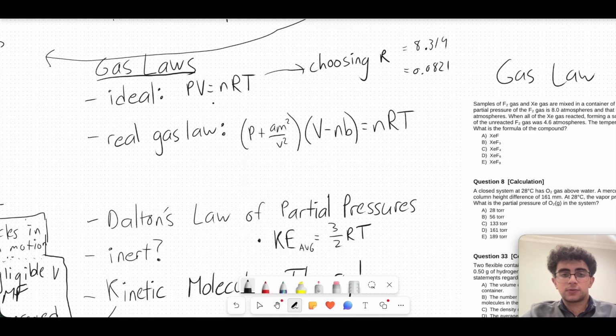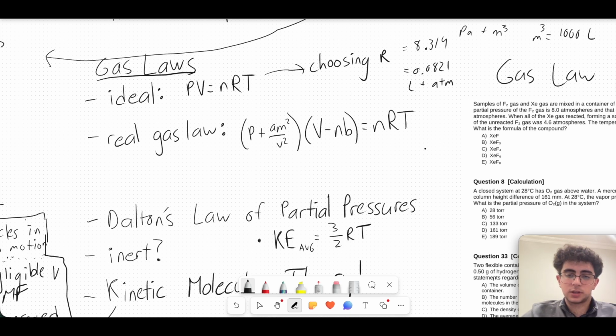If your volume is in liters and your pressure is in ATM, which I think is more often, you'll use 0.0821. You'll use 8.314 if you have pascals and meters cubed, and you can convert between many of these. So if you don't like using one or the other, you could convert between them. For reference, a meter cubed equals 1,000 liters, so you can use that conversion factor.